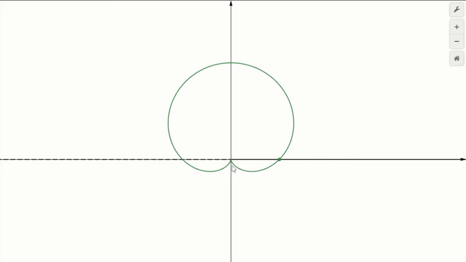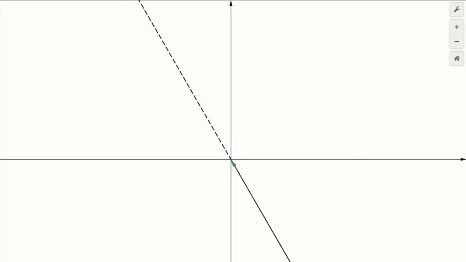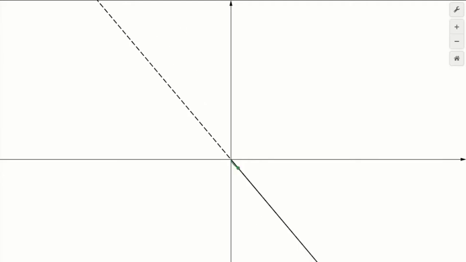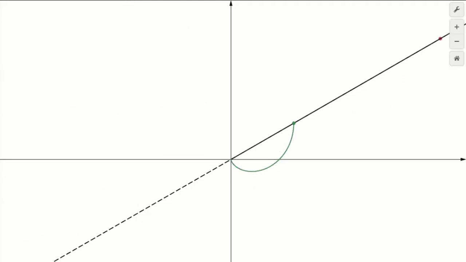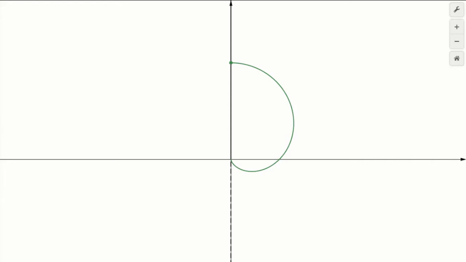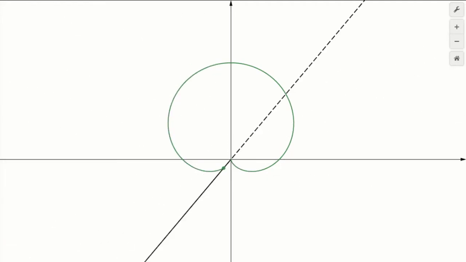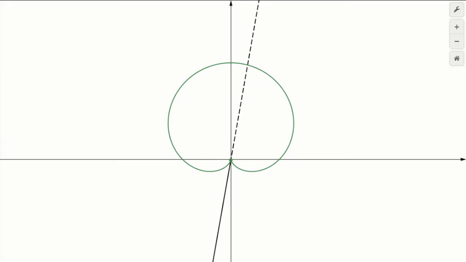But it's only symmetric in a way that if we start out with the angle negative pi over 2 down here, and rotate that to pi over 2, then we will get half of the curve. And from there, if we go further to a positive 3 pi over 2, then that again completes a 2 pi rotation.